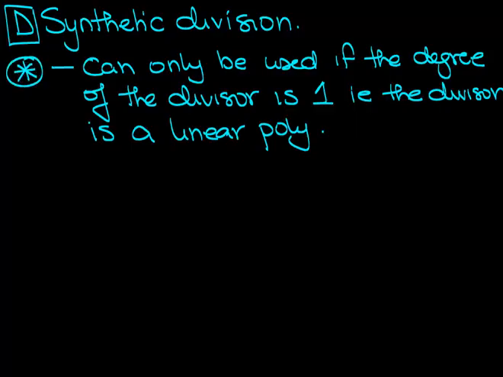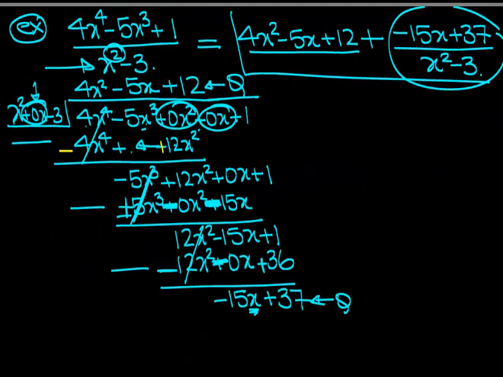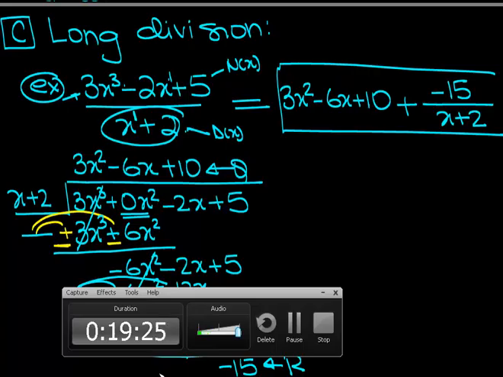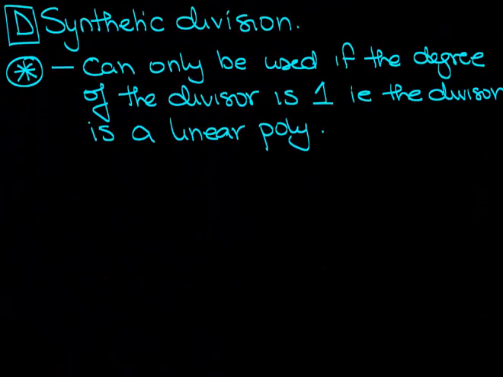For example, in this problem that I just did, the degree of the divisor was 2. I could not use synthetic division to do this problem. But on the other hand, in this first problem that I did, the degree of the divisor was 1. I could use synthetic division to do that problem. So that's one of the things you should always remember about synthetic division.